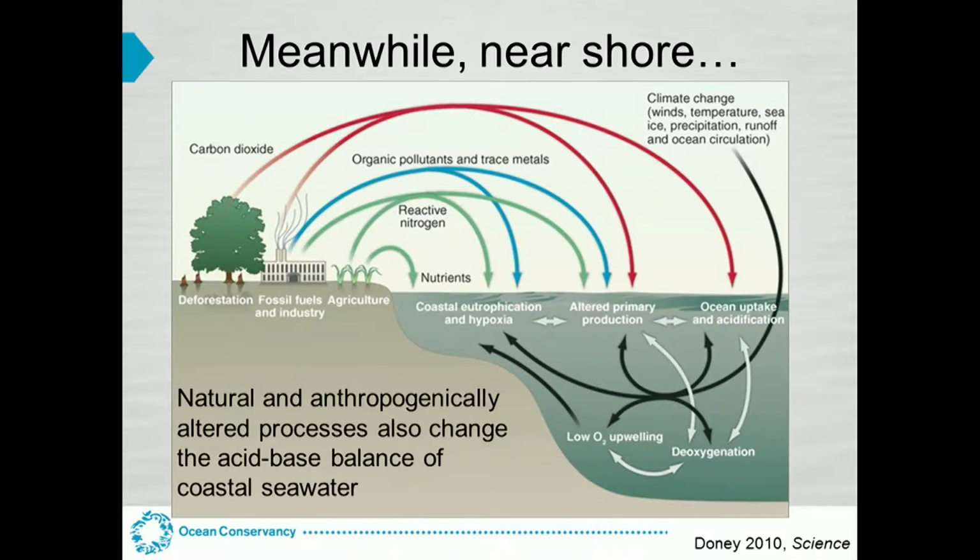We have nutrients running off from agriculture, and even people's lawns, adding to the overgrowth of algae in our coastal regions. The algae photosynthesize to create oxygen and fix carbon, but then when they die and settle, bacteria eat them and release carbon dioxide. So these can be major influences on the overall carbon dioxide balance of coastal regions.